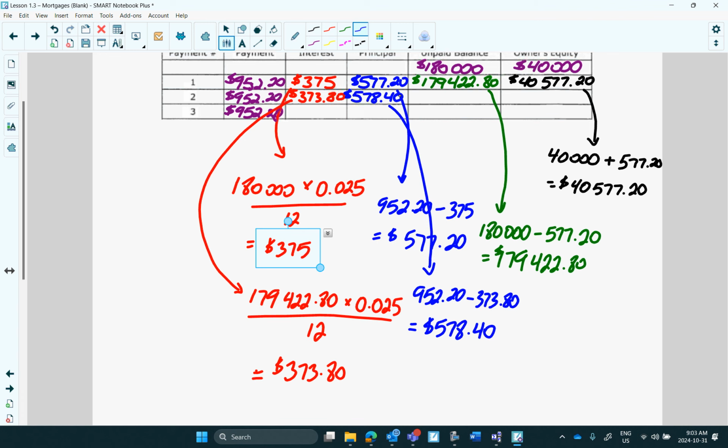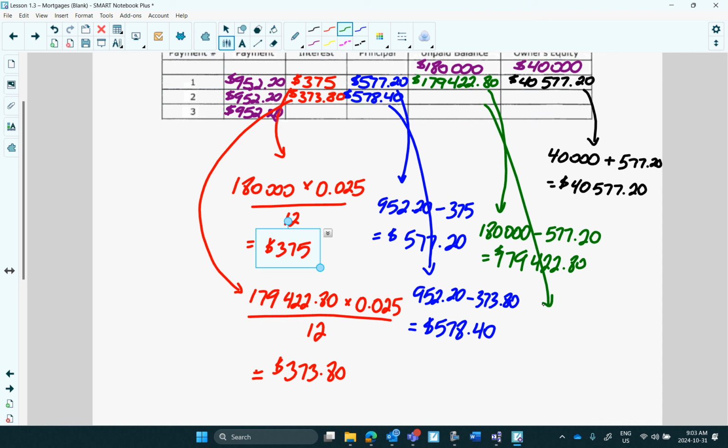So every month after that, his interest that he puts in is going to be a little less, and the amount he puts back towards his principal is going to be a little more. So how much does he owe now?